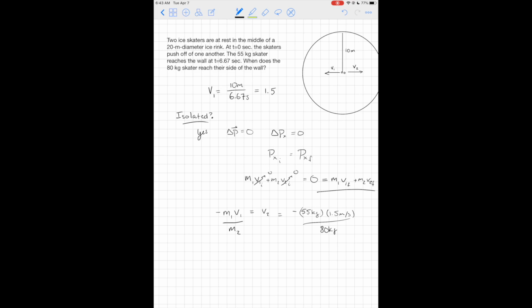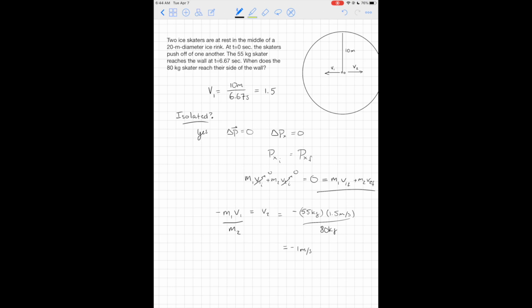Plugging that into your calculator, negative 55 times 1.5 divided by 80, I get roughly, within rounding error, negative 1.0. So negative 1 meter per second. If we take it out to a couple decimal places, I get negative 1.03, but I think 1 meter per second is perfectly fine.